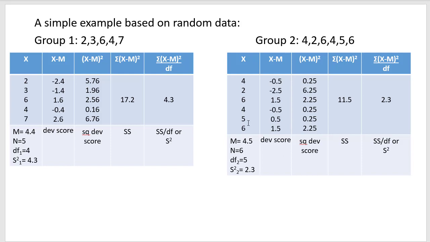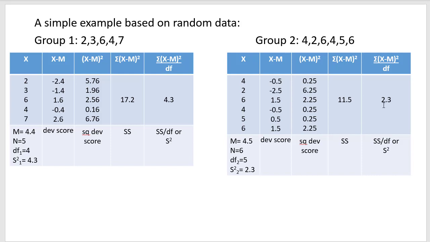For females, they had a mean of 4.5 after I calculated that based on the data. The deviation scores were listed. The squared deviation scores, we added them together to get the sum of squares. And then we divided that by the degrees of freedom, which in this case was 5 because there are 6 people in the sample. That gives us an estimated population variance of 2.3.